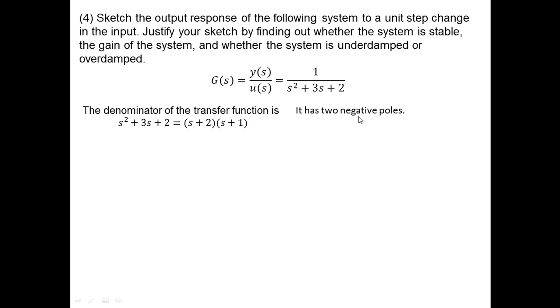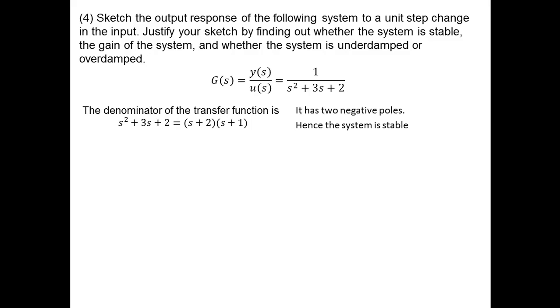So we have two negative poles, both in the left hand side, so the system is stable. And again, keep in mind, if all roots of our transfer function are in the left hand side of the complex plane, the system is stable.